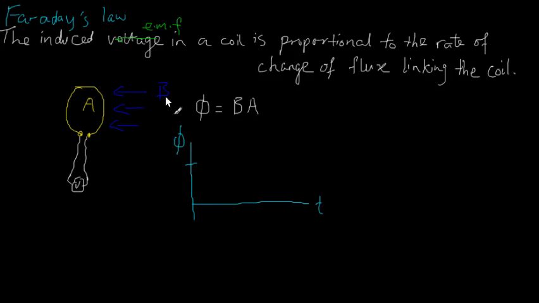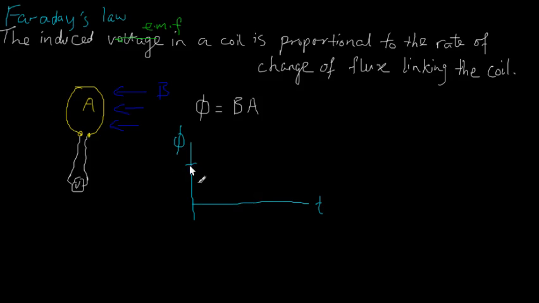Now, as time passes, the magnetic flux density is made to decrease uniformly, so that the flux falls in a straight line in the graph.